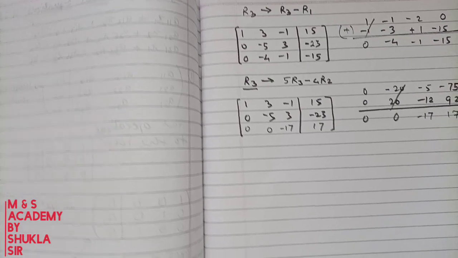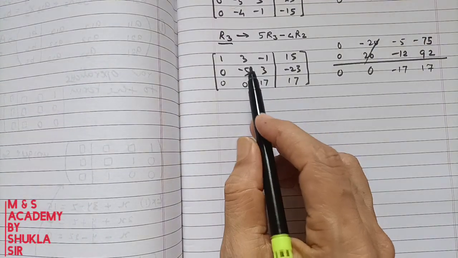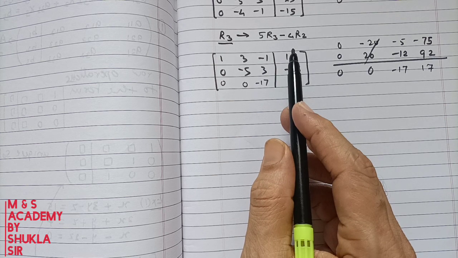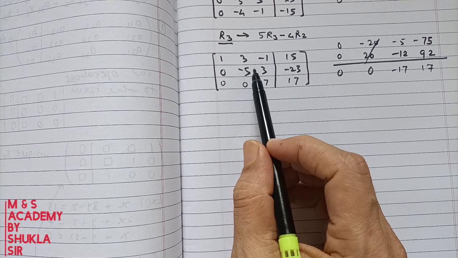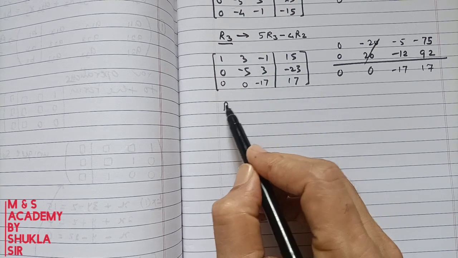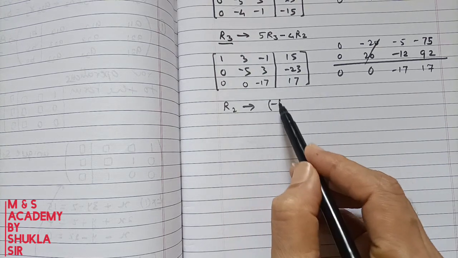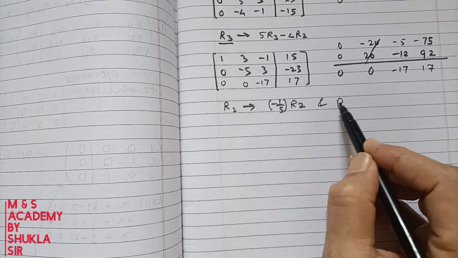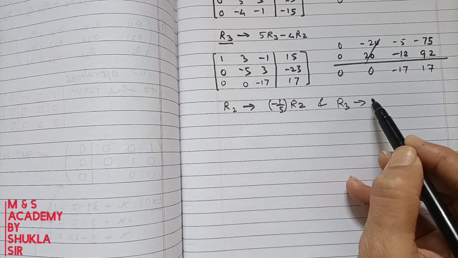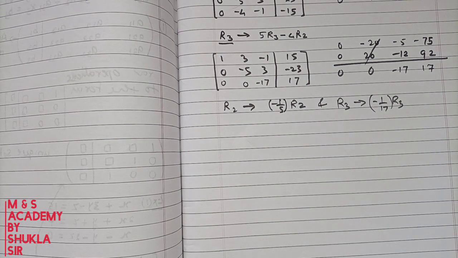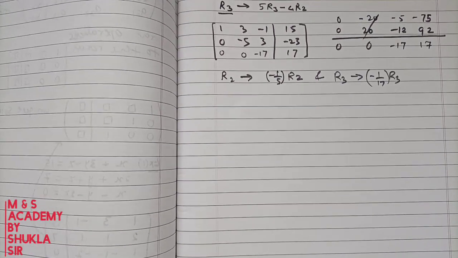Now our job is to make this minus 5 a 1 and minus 17 a 1. So we need to change R2 by multiplying by minus 1 by 5 times R2, and change R3 by minus 1 by 17 of R3. Here we are doing two operations at the same time.